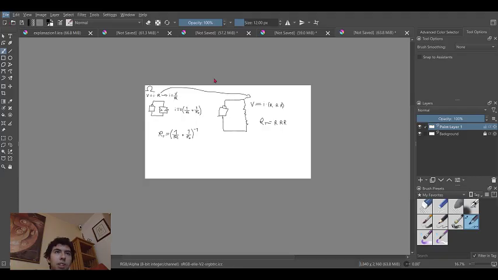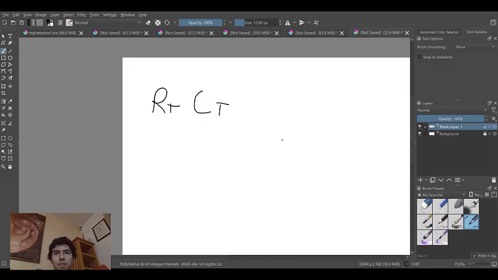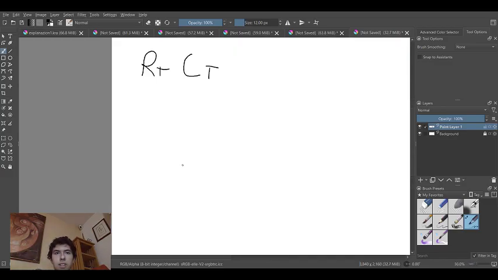So, what is going to happen is that we can take these sums and these sums and turn them from a circuit that is quite difficult.